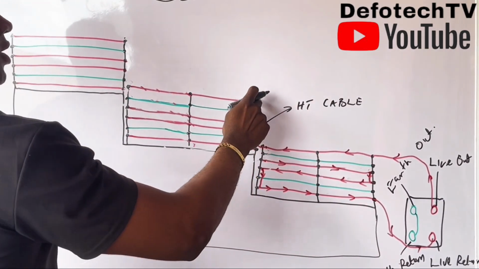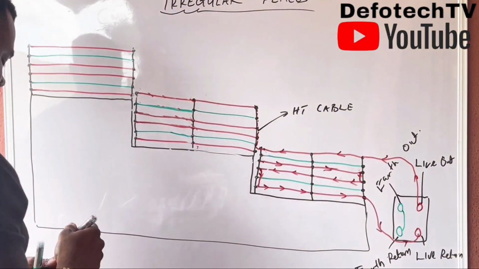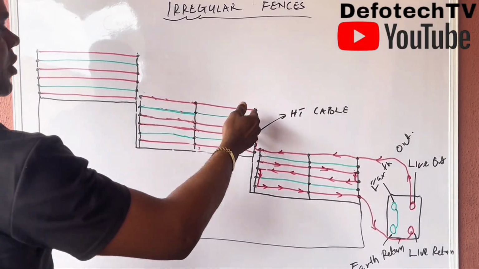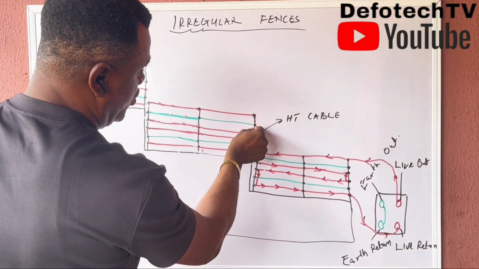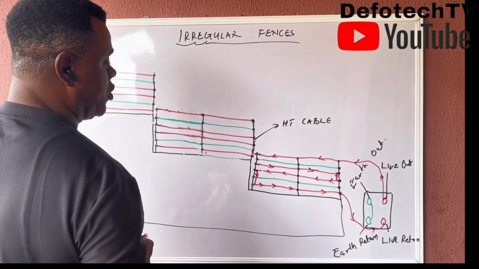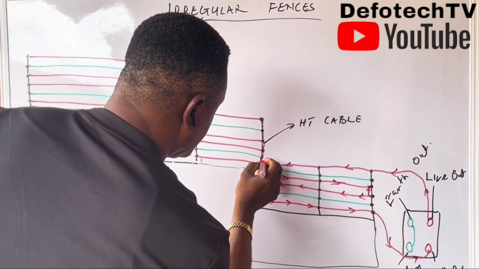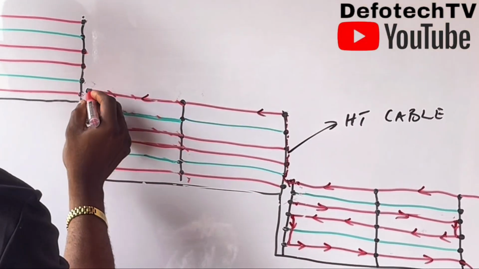The HT cable will go from this live 1 to this one live 1 here. So just link them up. It's insulated, so you can even use your cable belt to tie or along with the bracket, so there's no impact, no cause for alarm. So this flow goes all the way here, comes here, then this one gets here.